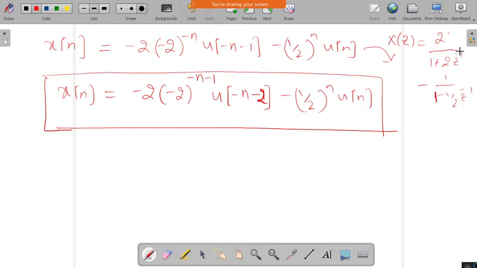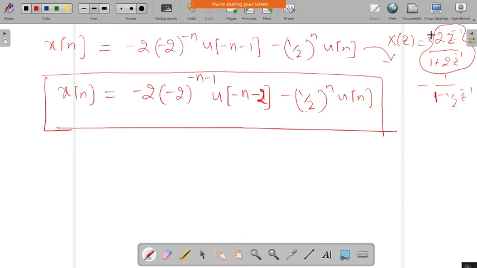Yes, sir. This is what we have. Here we need to multiply z inverse as well as z in order to get the alpha which is 1 to infinity, right? So the z inverse is representing this one.